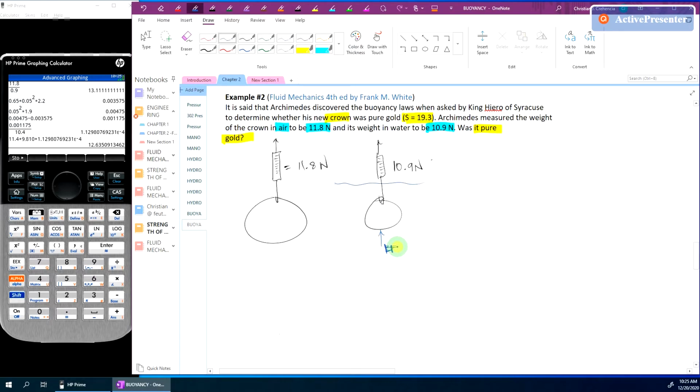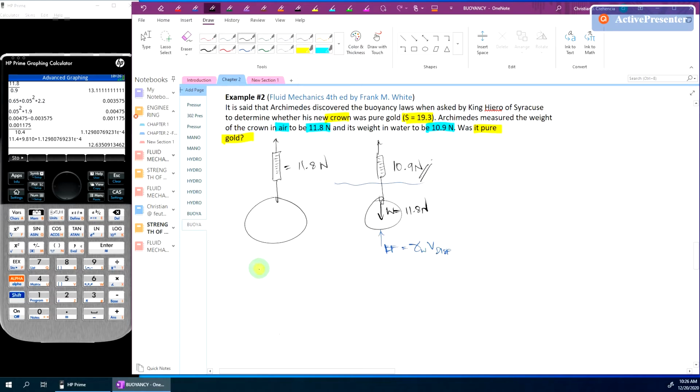The buoyant force, as we know, is equal to the specific weight of the liquid in which it is submerged, in this case water, multiplied by the volume displaced. Based on our figure, the crown's actual weight of 11.8 Newton has not changed. The reading decreased only because of the upward buoyant force.